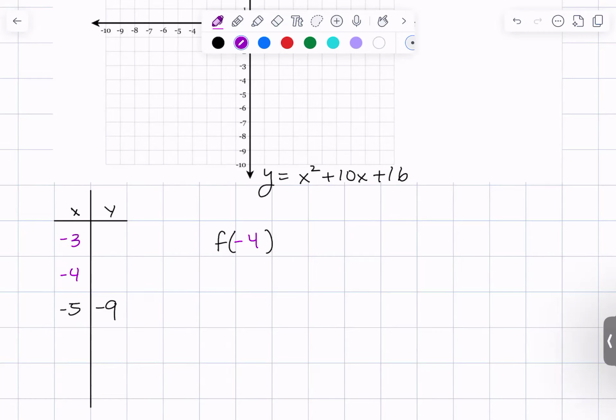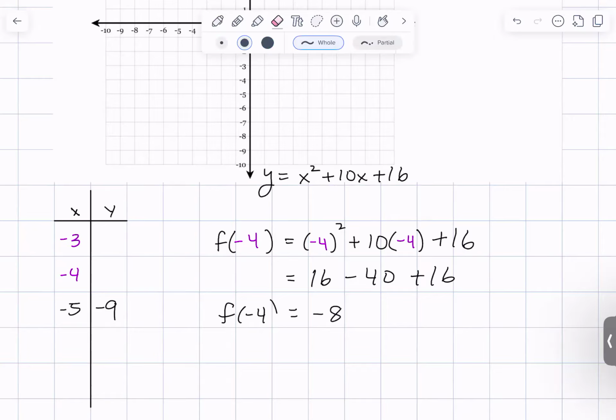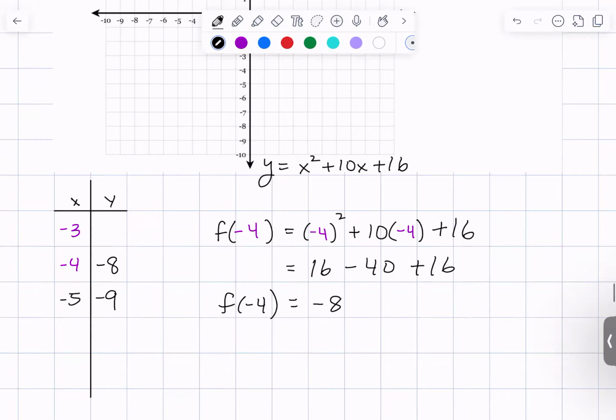So this would be -4 squared plus 10 times -4 plus 16. If I simplify that math, this would be 16 minus 40 plus 16. That would be -8. So f of -4 equals -8. So my y value is -8.